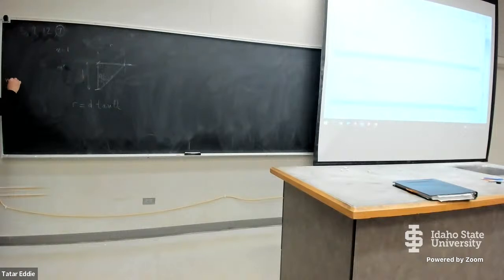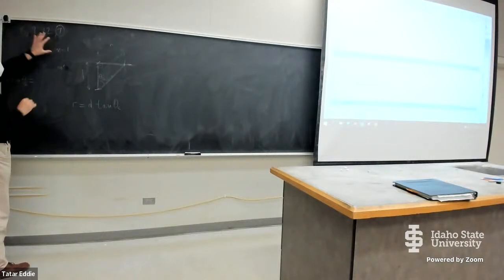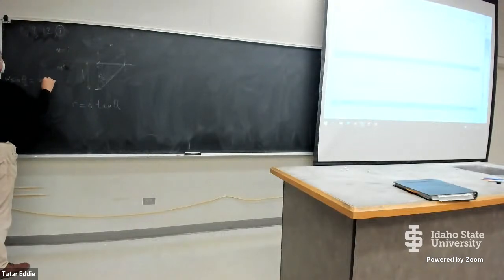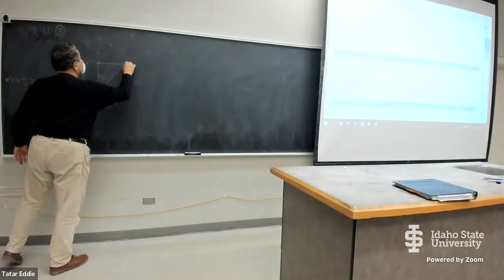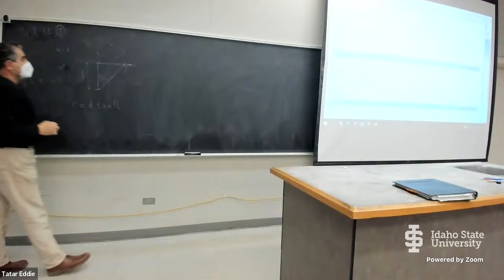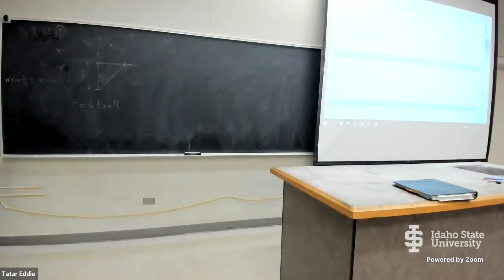Snell's law says n prime times the sine of this critical angle is equal to n, which is 1, multiplied by the sine of 90 degrees, because this is the 90-degree angle of refraction of the light ray that comes out of the water.